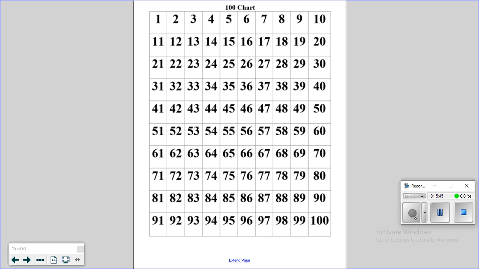What about 2 times 1? What's the product of 2 times 1? Victor? 2 groups of 1. Lincoln? 2 groups of 1. Shelby? 2. Go ahead and color in 2 on your 100 chart.